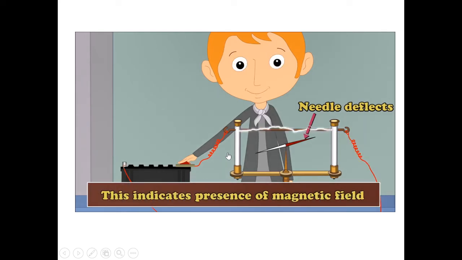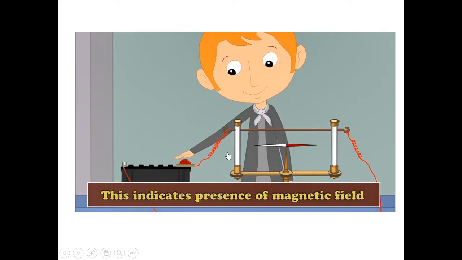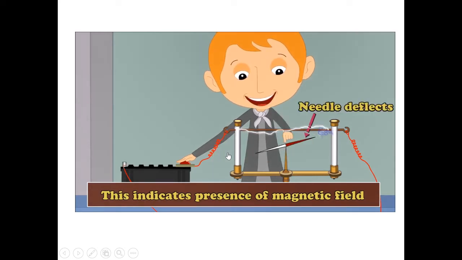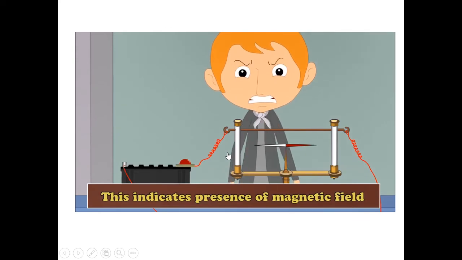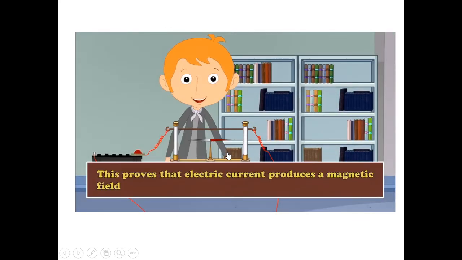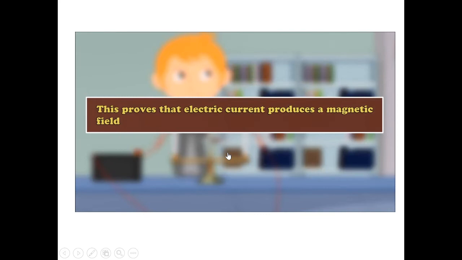This indicates the presence of a magnetic field. There is electric current going to the coil. Also there is a deflection in the needle. This proves that electric current produces a magnetic field.